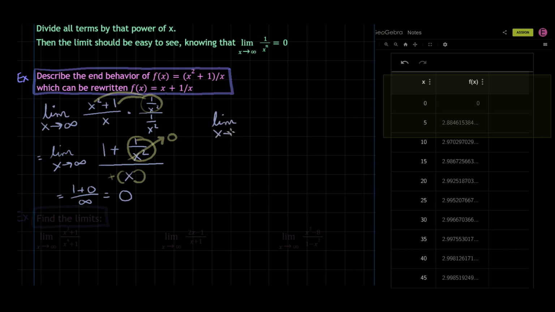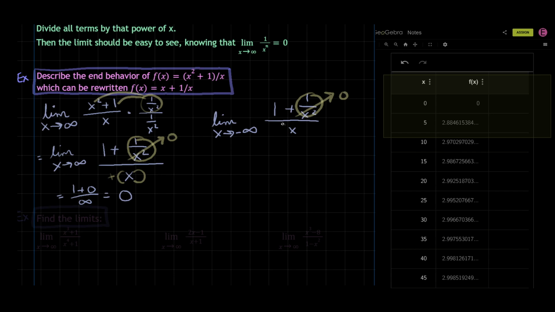Limit as x goes to negative infinity of 1 plus 1 over x squared over x. Same idea. This part is going to be a small positive number. That goes to 0.